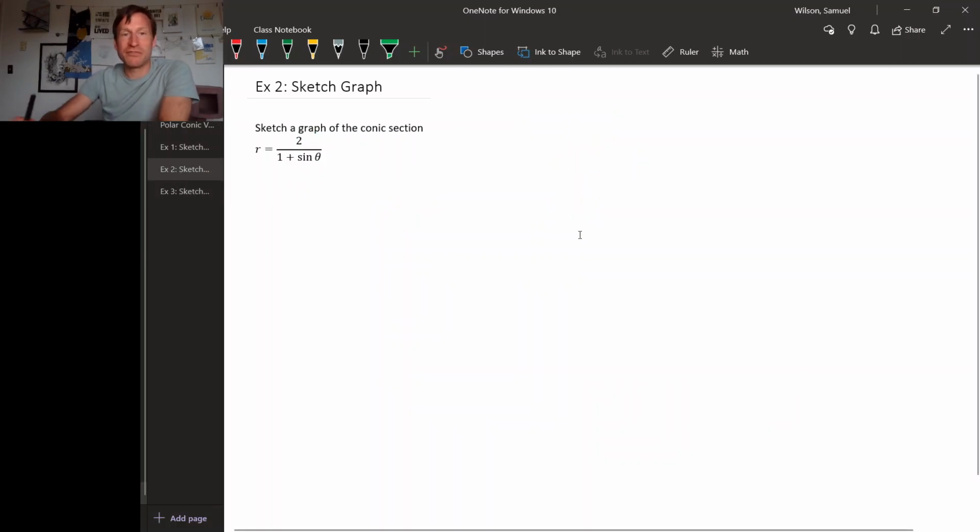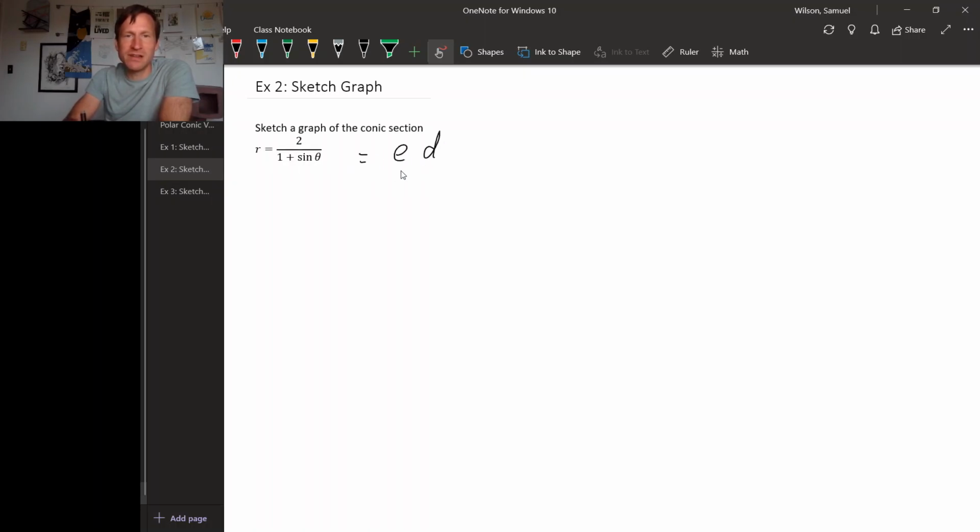So let's sketch the graph of r equals 2 over 1 plus sine theta. Comparing this to the related version of our conic section equation, that would be E times D over 1 plus E sine theta.